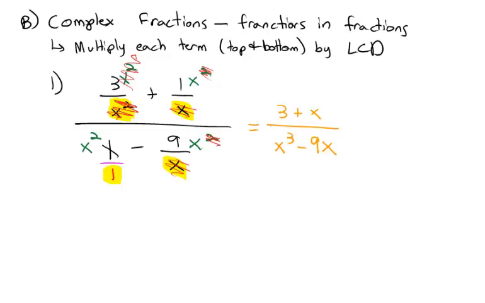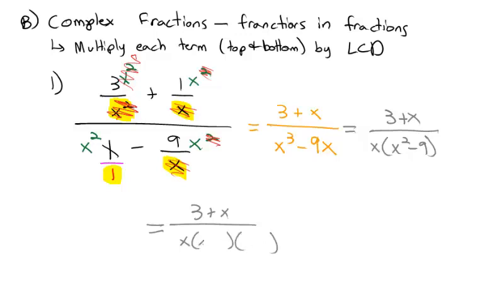And now we can look at simplifying this. The denominator is a GCF of x. When we factor that out, we have x squared minus 9 under the 3 plus x. But x squared minus 9 is still a difference of squares, so it's x plus 3, x minus 3.